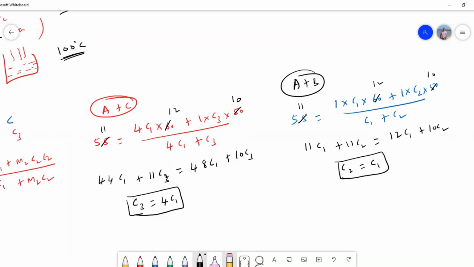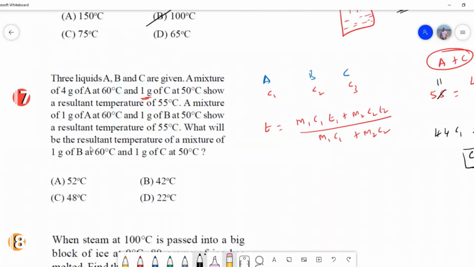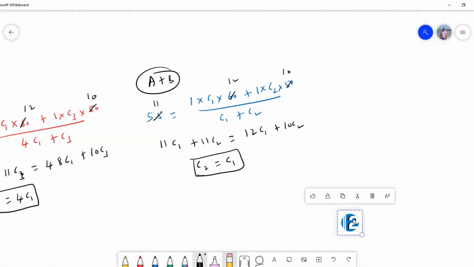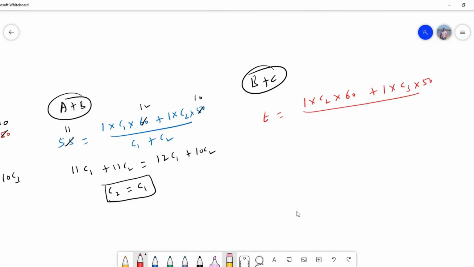I got another relation. Now finally, 1 gram of B at 60 mixed with 1 gram of C at 50. Now it is asking the resultant temperature. So let us calculate, finally B plus C are mixed. We need to find out the resultant temperature. So 1 gram of B, C2 at 60, 1 gram of C, C3 at 50, whole upon C2 plus C3.